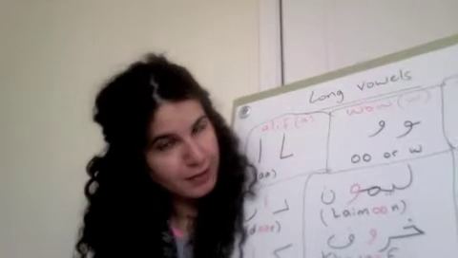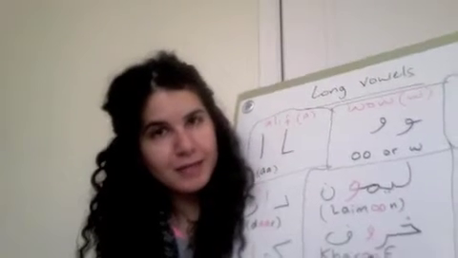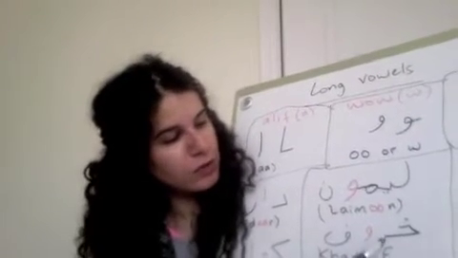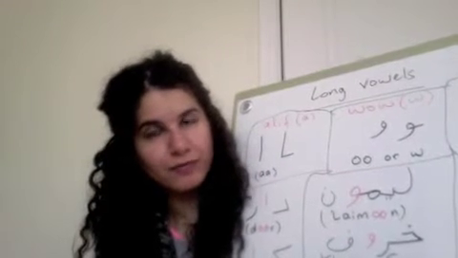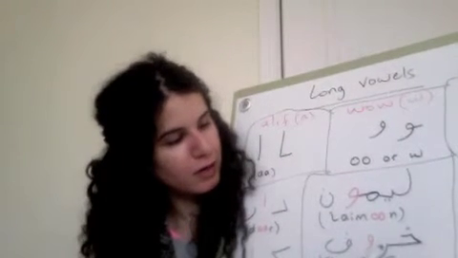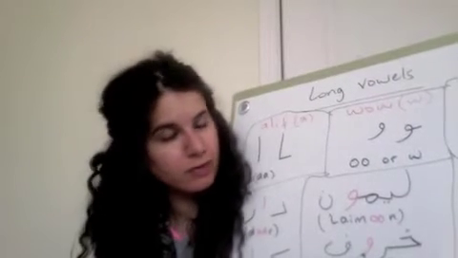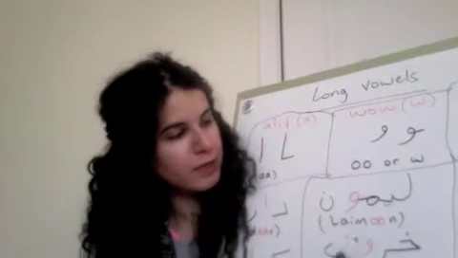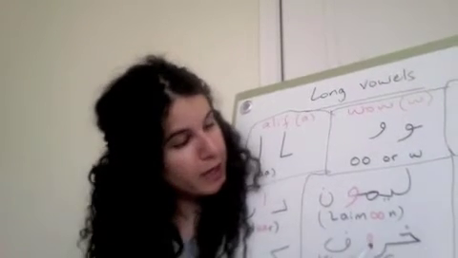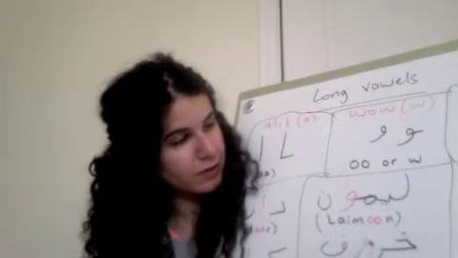So we've got the waw in the middle, and this is how we read it. It is the long O. So it goes kharoof, kharoof. This O sound is because of the waw right here. Kharoof, laymoon. And the waw is not attached to the letter in front of it.